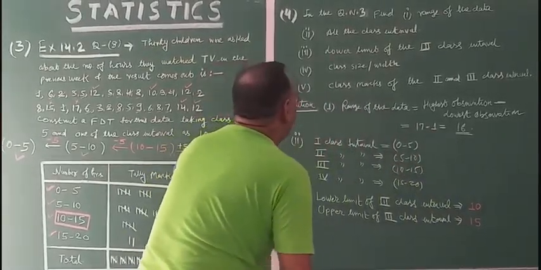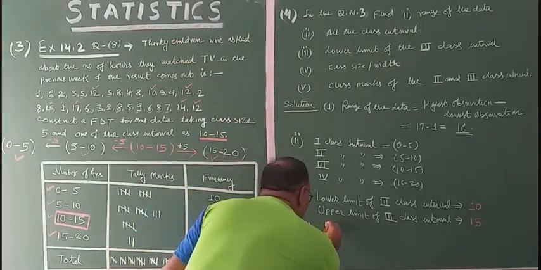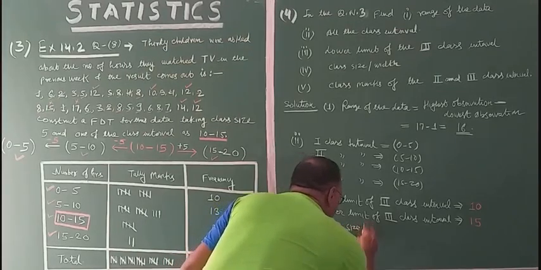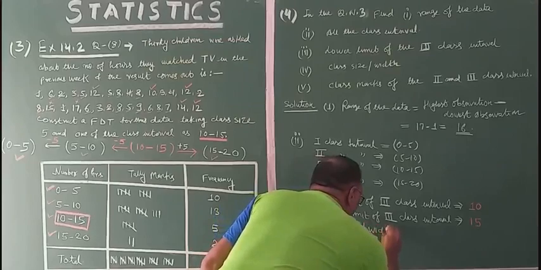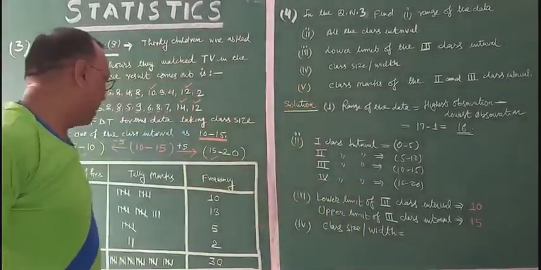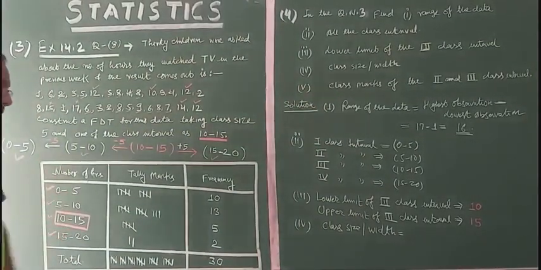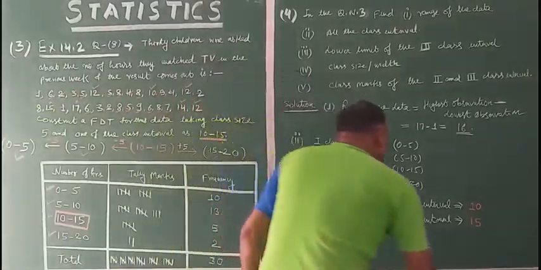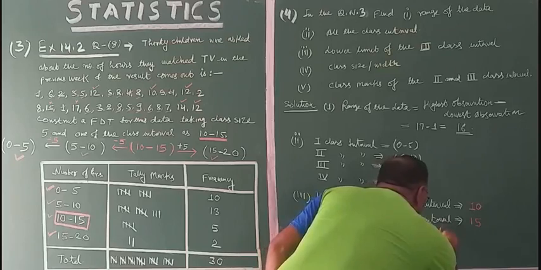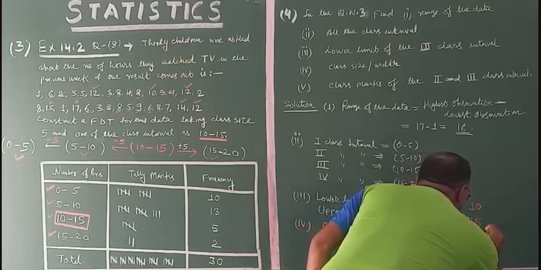This is the fourth part. Class size, or this is called class width. You can take any of the classes. इनमें से आप किसी भी एक class को ले लीजिए and then use this formula: upper limit minus lower limit.